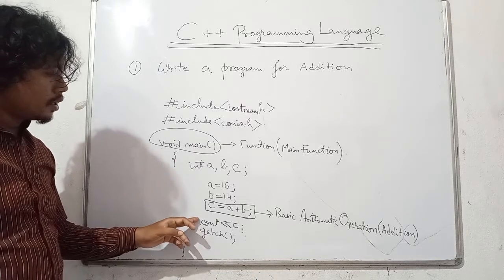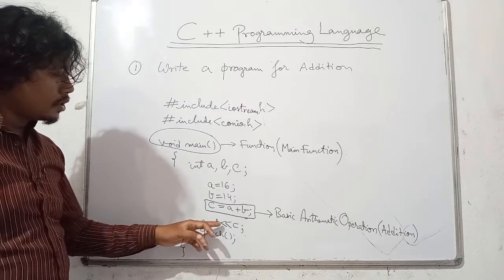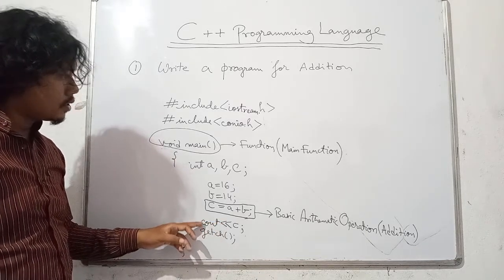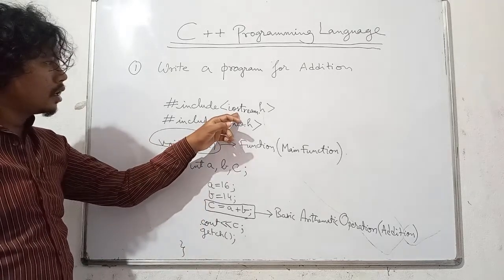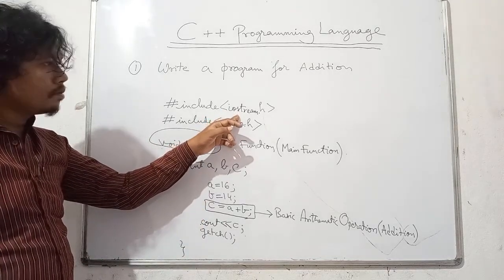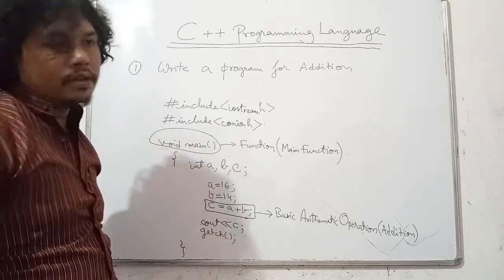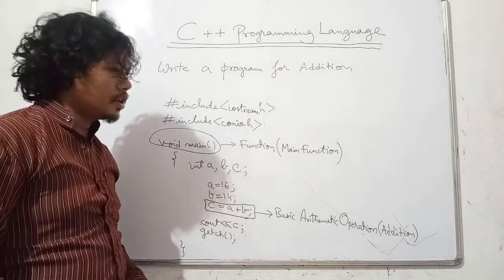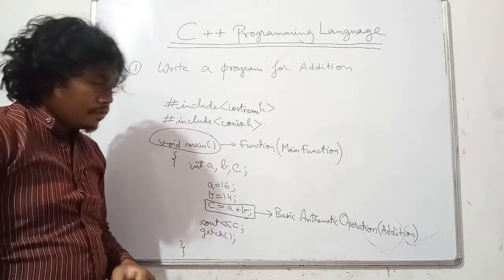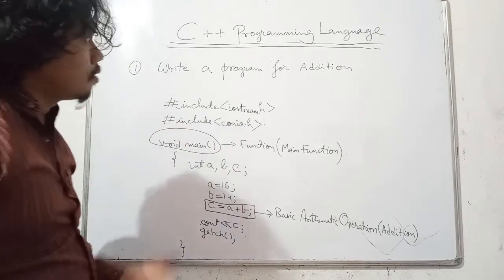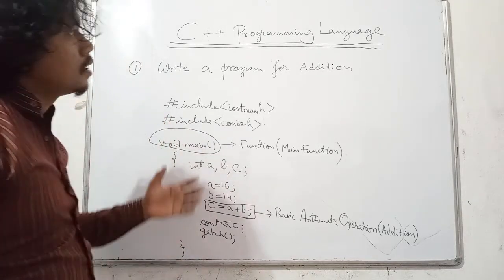And cout is found under iostream.h. Okay, till now this much is enough for you. We will discuss it later, how it works.